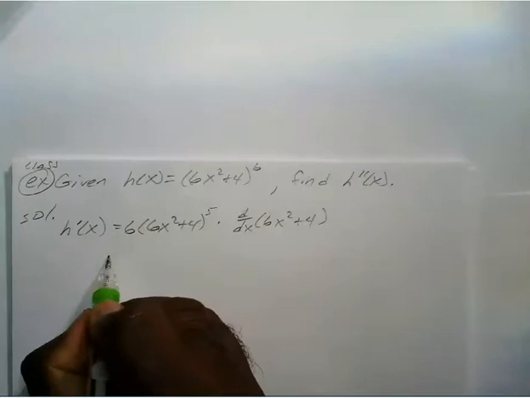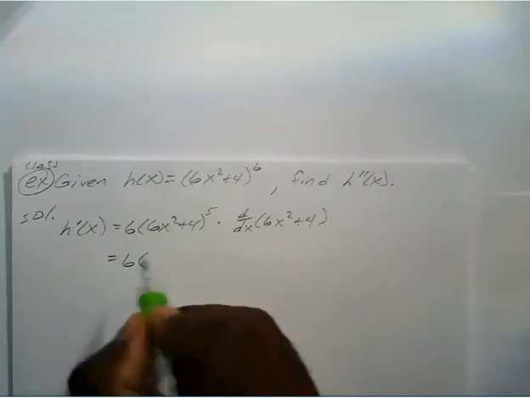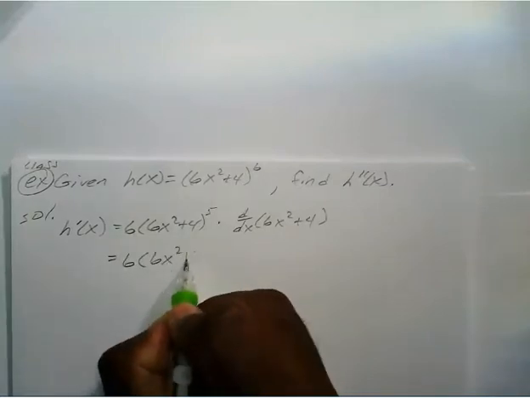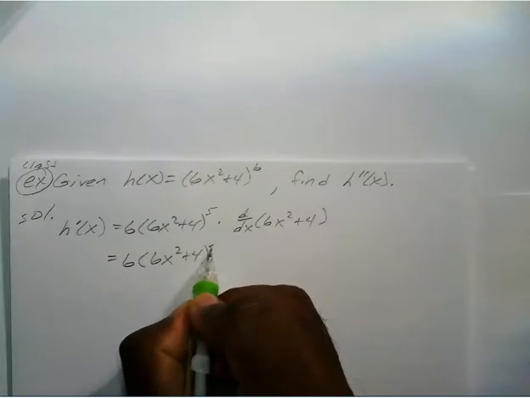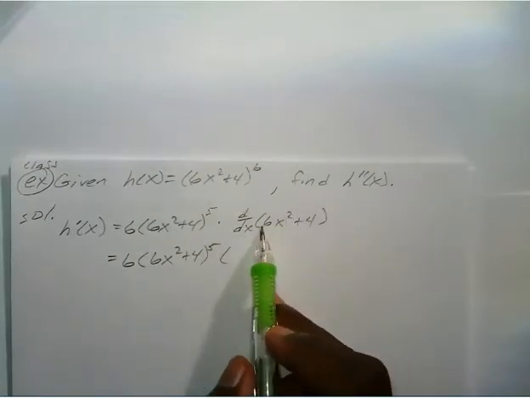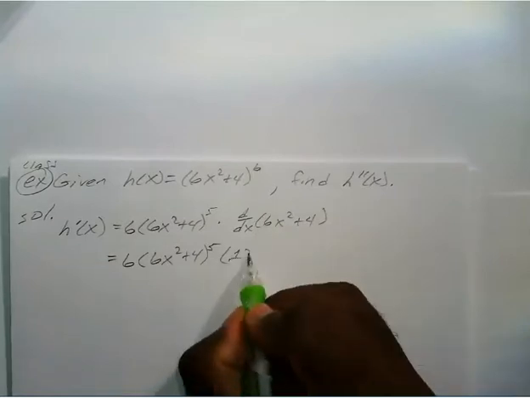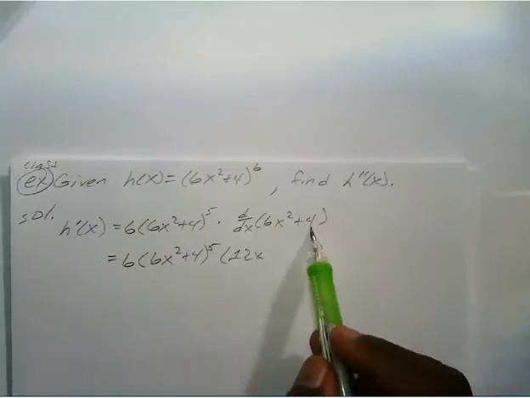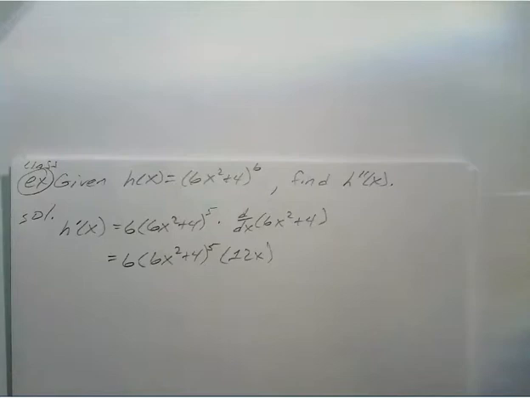Okay, so that is going to equal 6 times 6x squared plus 4 to the 5th power times the derivative of 6x squared. If we bring down the 2, that gives us 12x, and the derivative of 4 is 0, so that stays the same.